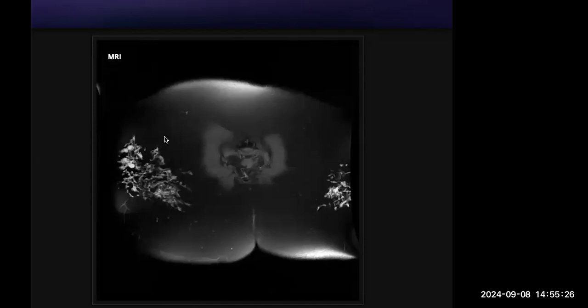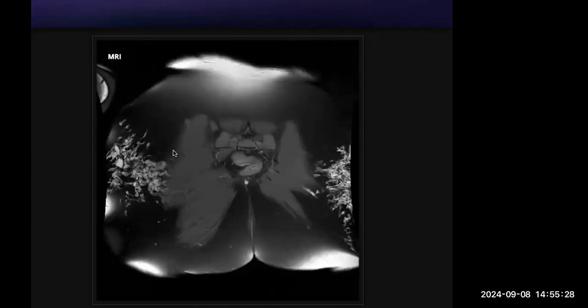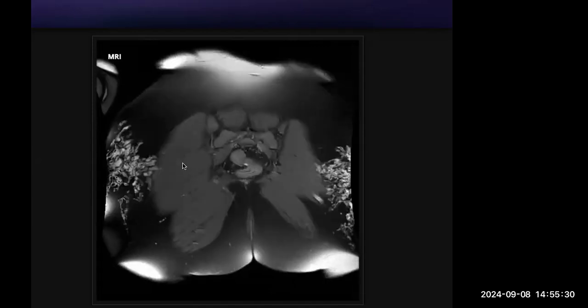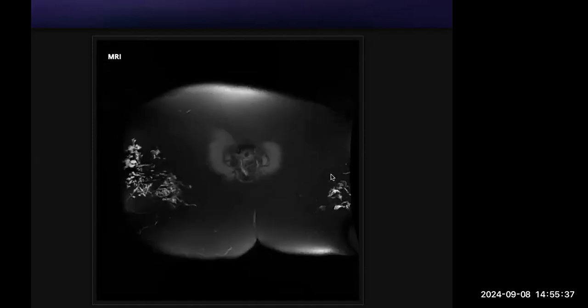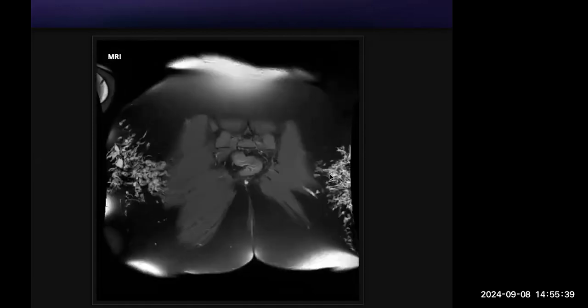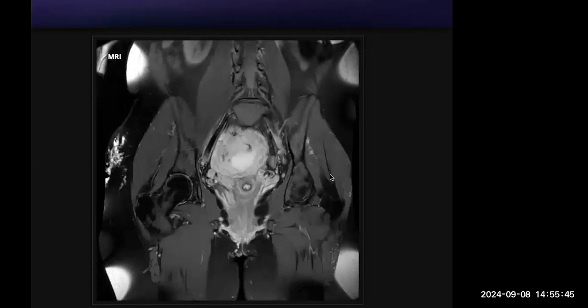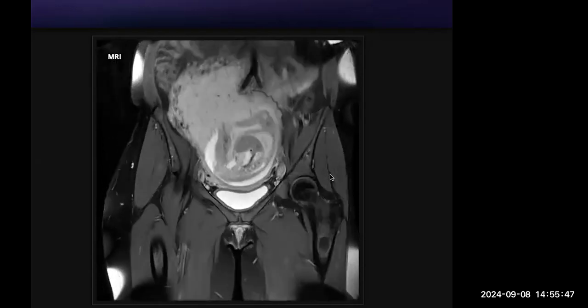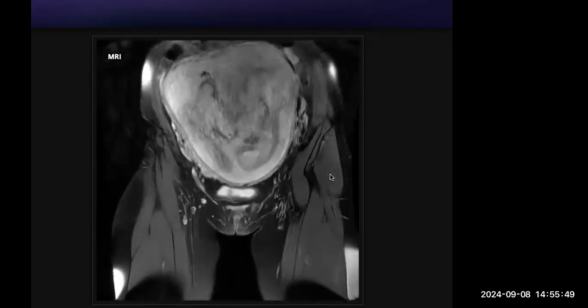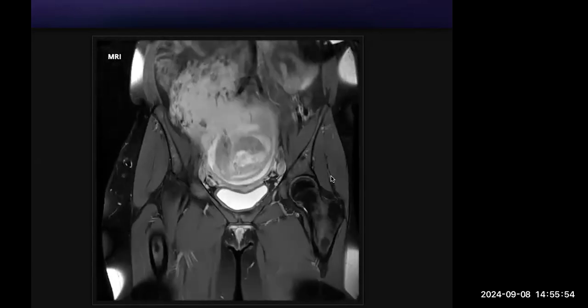There is bilateral ill-defined linear T2 hyperintensity noted in the bilateral subcutaneous region of the hip, the proximal thigh and the buttocks. So what are your thoughts?